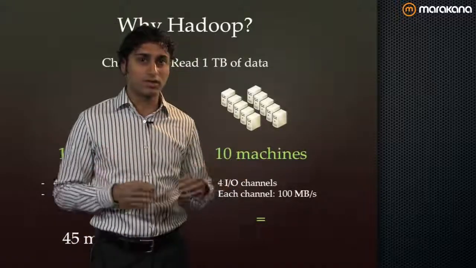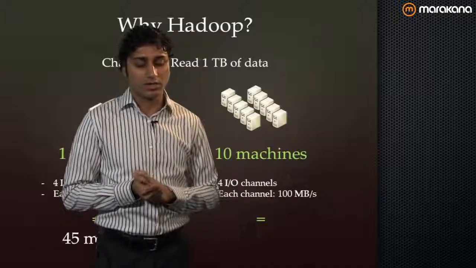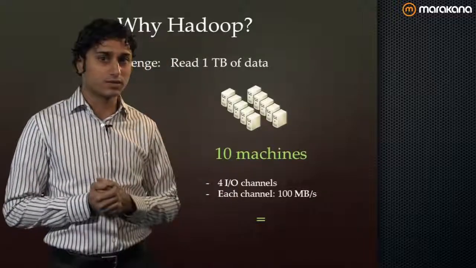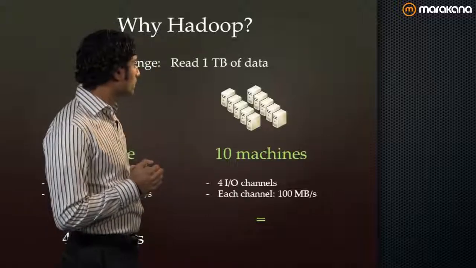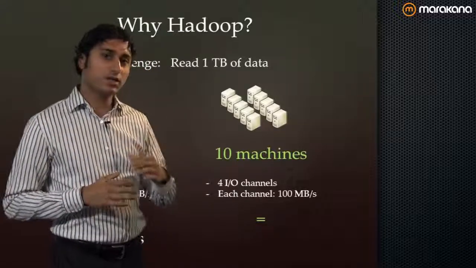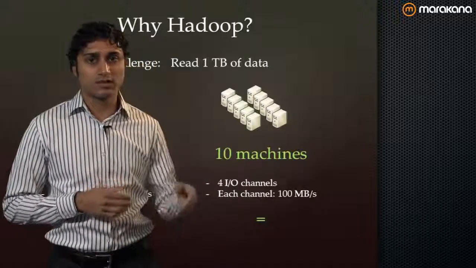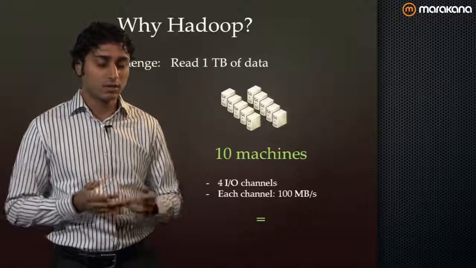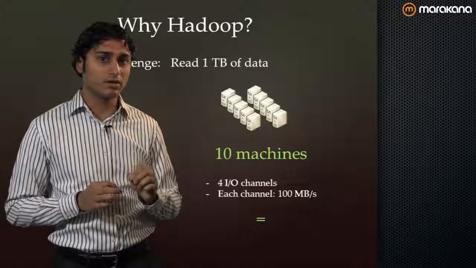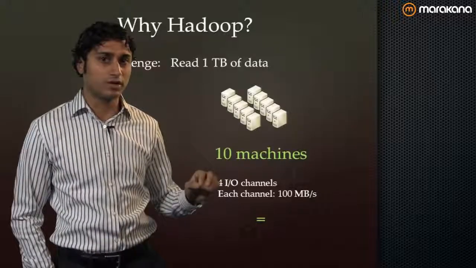for example, across a 10-node cluster with 10 worker machines. You put 1/10 of a terabyte on each one of the machines. Furthermore, let's say that each machine also has 4 hard drives, so you're putting about 25 gigabytes of data on each hard drive.